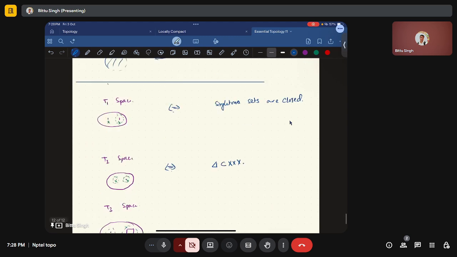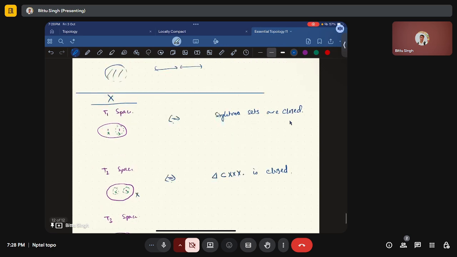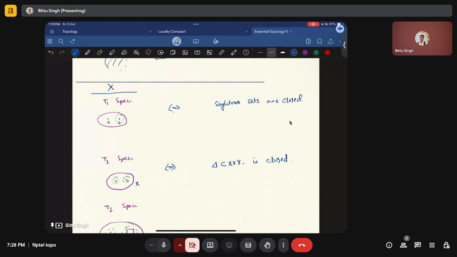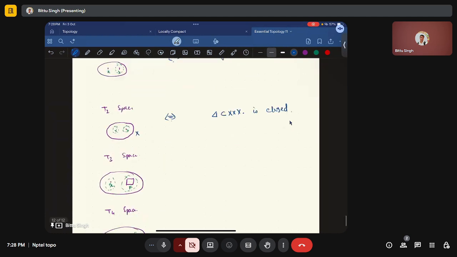So X is the space which we are considering. So we are writing some equivalent criteria in terms of closure or closed properties. Okay.